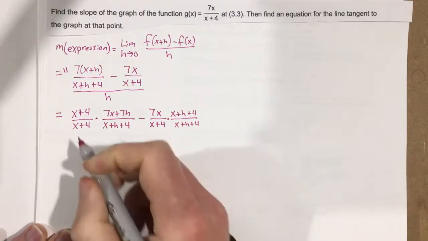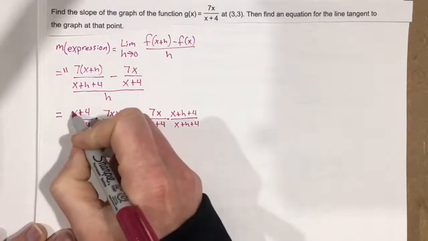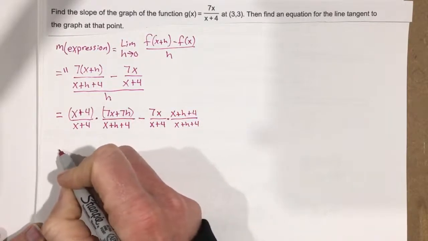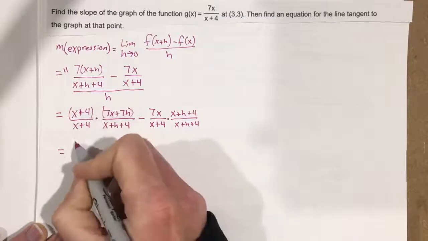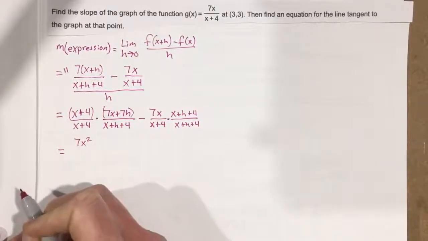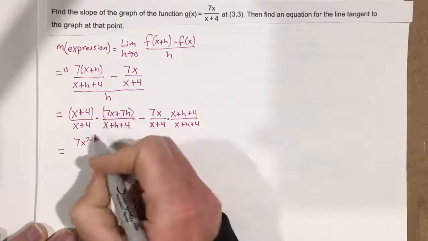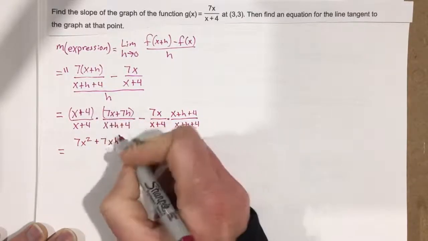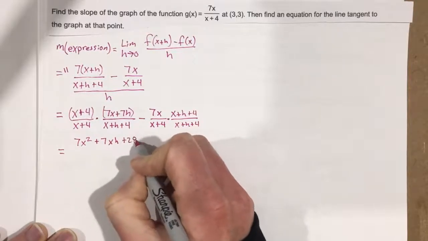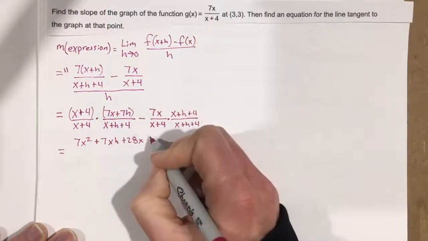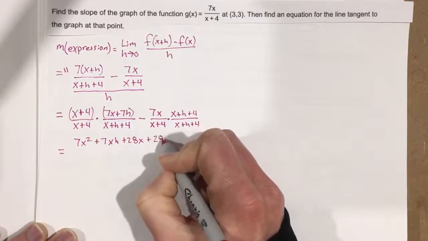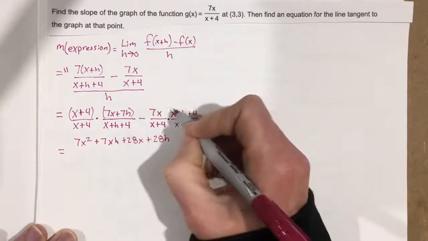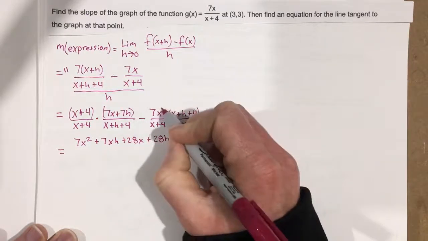All right. When we do this multiplication, remember this is a binomial times another binomial. So we're going to end up with x times 7x, which is 7x squared. x times 7h, that's 7xh. 4 times 7x is 28x. And 4 times 7h is 28h. And when we multiply this side, remember we have 3 terms times this term.